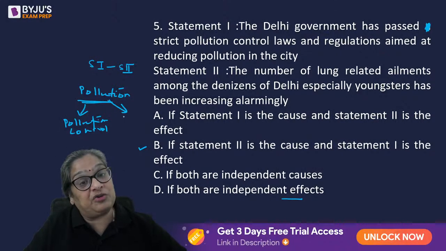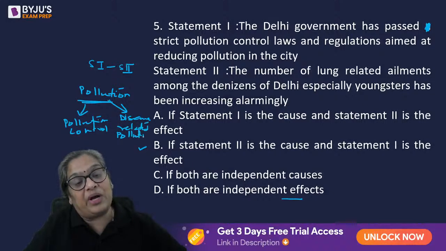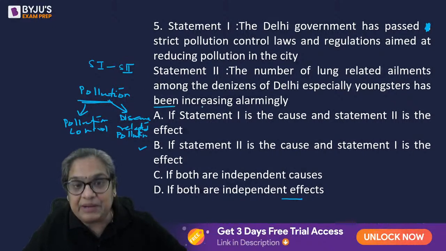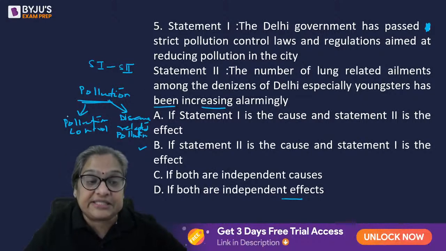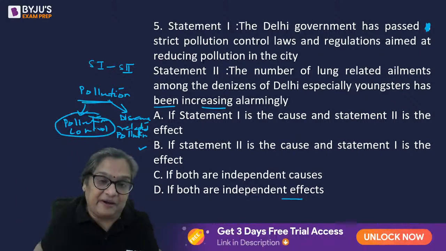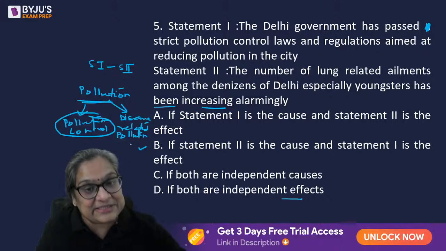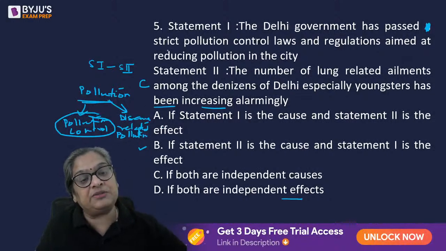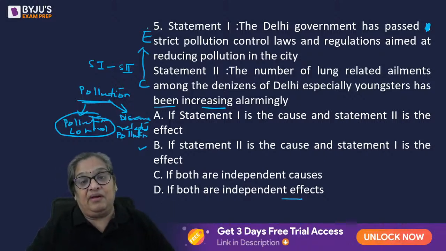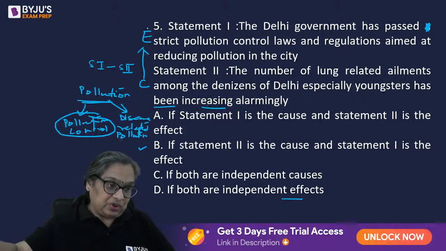Statement 1 talks of pollution and diseases related to pollution. इतना ज़्यादा हो गया है कि pollution बहुत ज़्यादा हो गया है, उसके वजह से lung problems increase हो गए, इसीलिए दिल्ली गवर्नमेंट has decided चलो कुछ करते हैं, नहीं तो ये हाथ से चला जाएगा. So the correct answer is statement 2 is the cause, because more and more people are being affected by it. The Delhi government has finally decided चलो कुछ करते हैं, and they have passed strict pollution control laws.